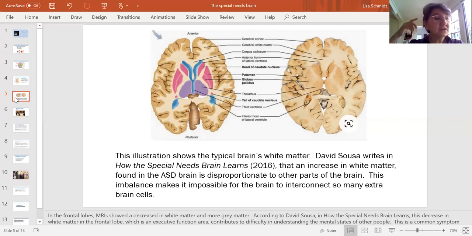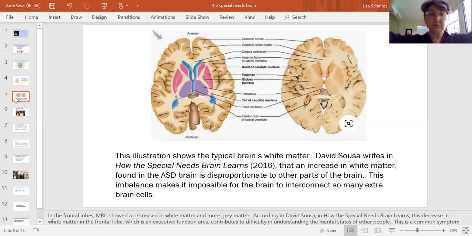And then in the smaller corpus striatum, which includes the amygdala, if that is actually smaller, that's where you are able to develop empathy and compassion, to be able to really understand those strong emotions.